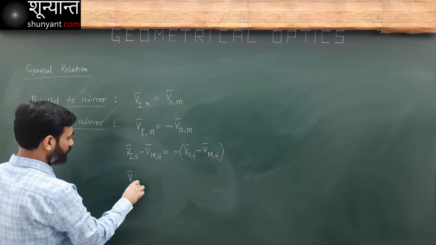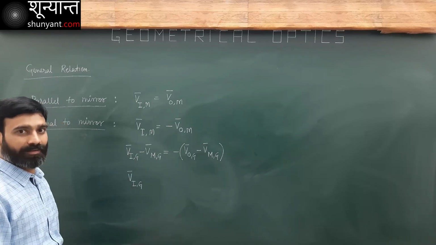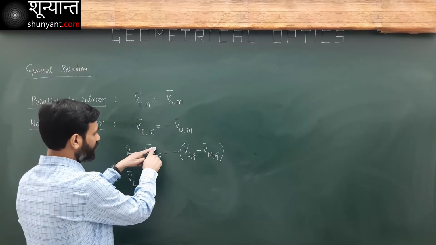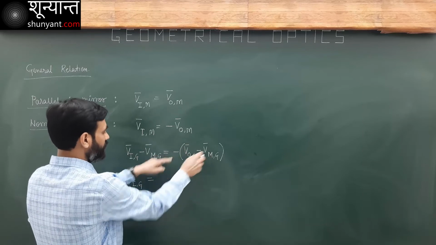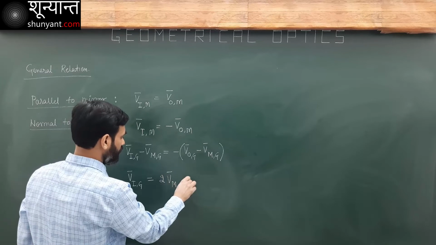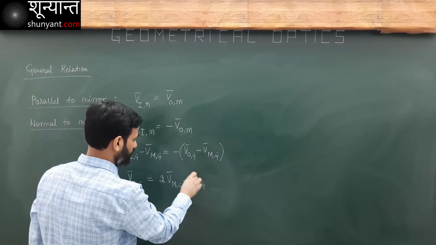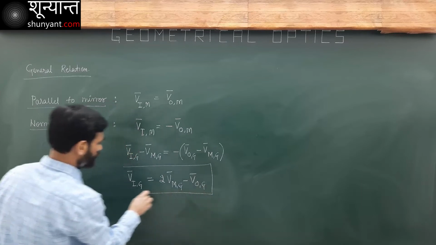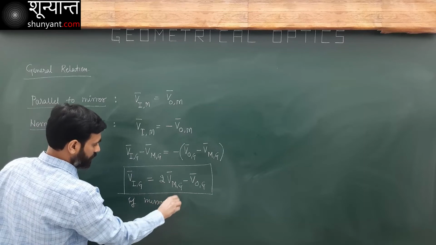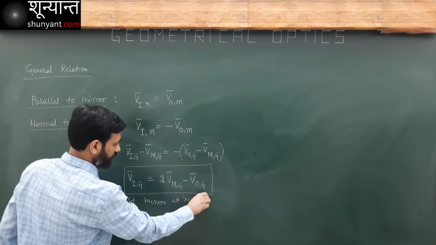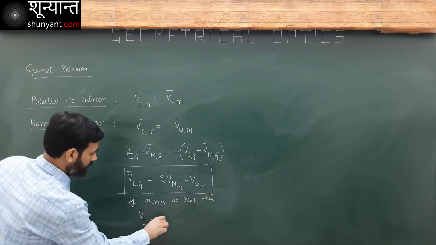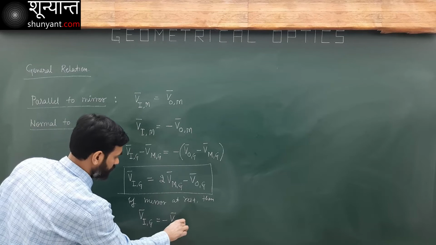Velocity of image with respect to ground is equal to, if I take it on the other side, this is minus, this will become plus, 2 times velocity of mirror with respect to ground minus velocity of object with respect to ground. If the mirror is at rest, then velocity of image with respect to ground is minus of velocity of object with respect to ground.